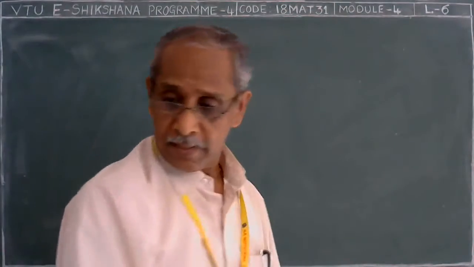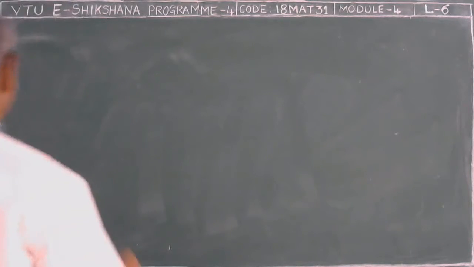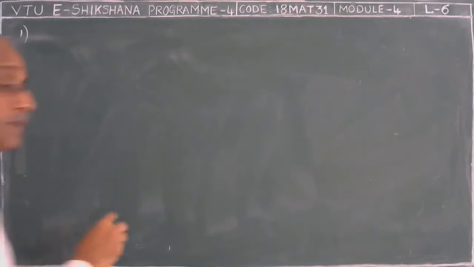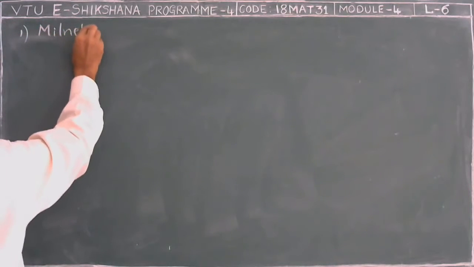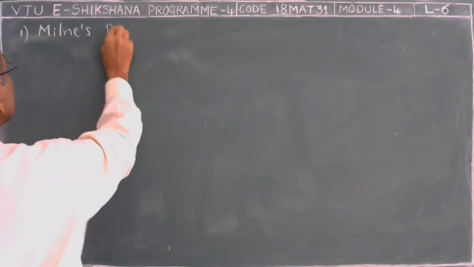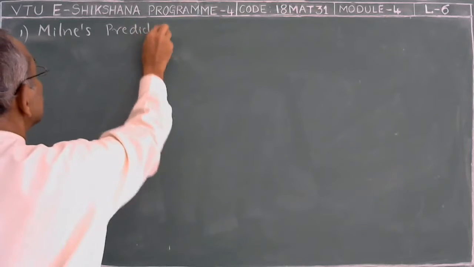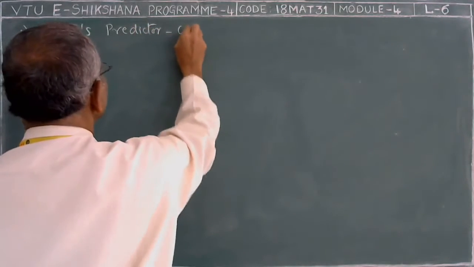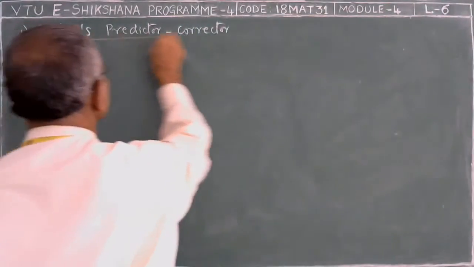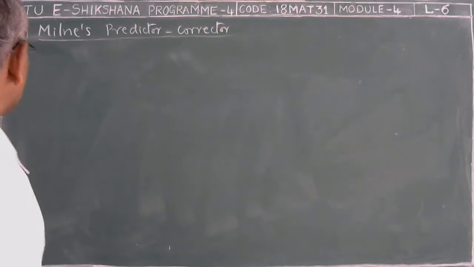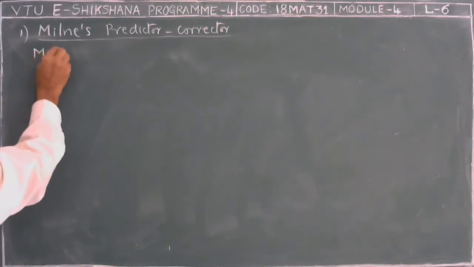Let me consider Milne's method, the first multi-step method, Milne's predictor corrector method. First we predict the value using Milne's predictor formula.